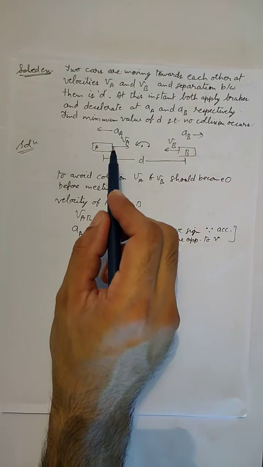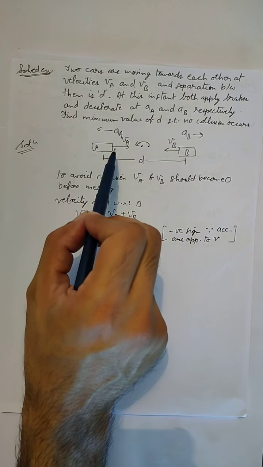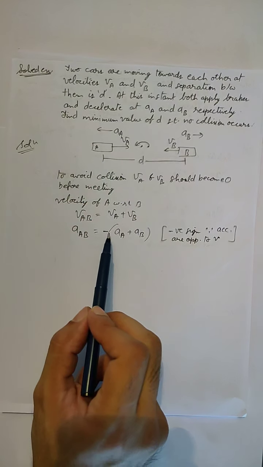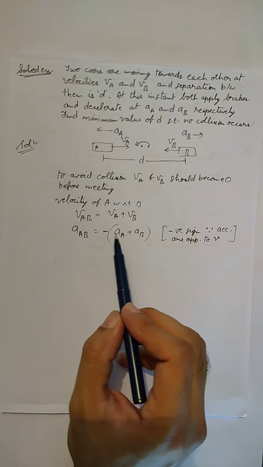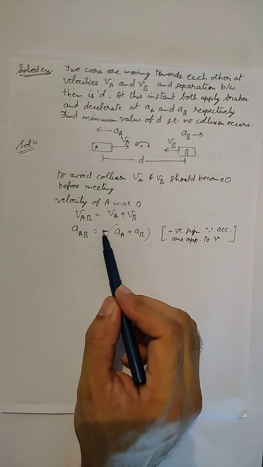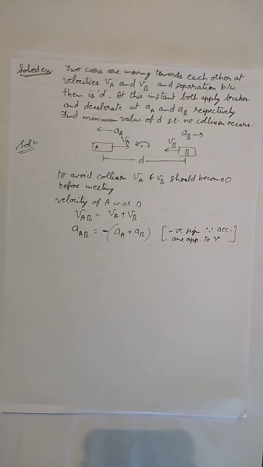So if we take the direction of velocity as positive, then the direction of each of the accelerations will be negative. AA will be in the direction opposite to VA, so minus, and similarly AB is in the direction opposite to VB, so minus. So the relative acceleration will be AA plus AB, but its direction will be taken as negative because they are opposite to the relative velocity.